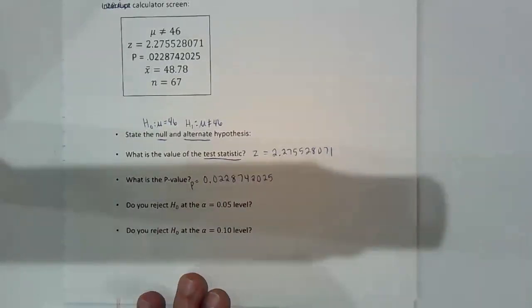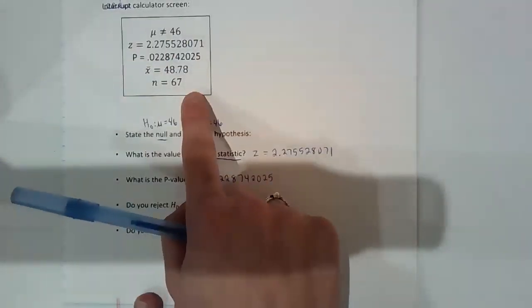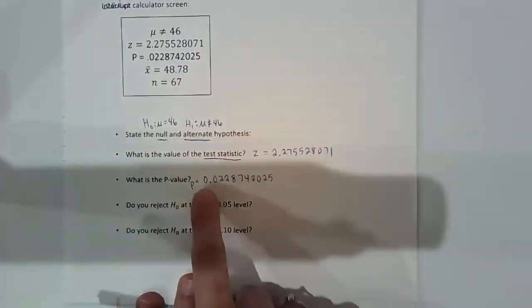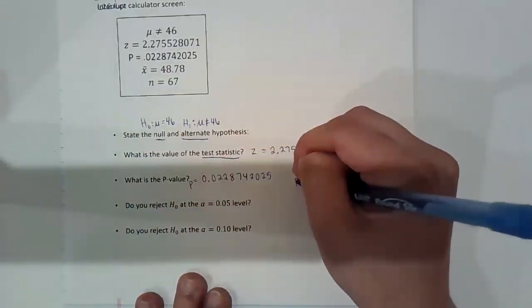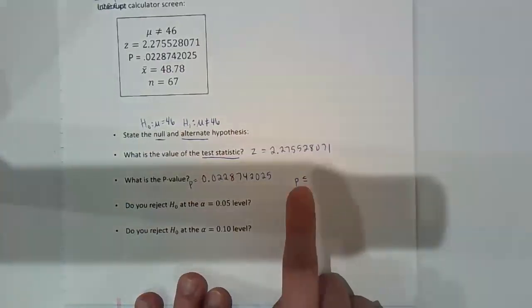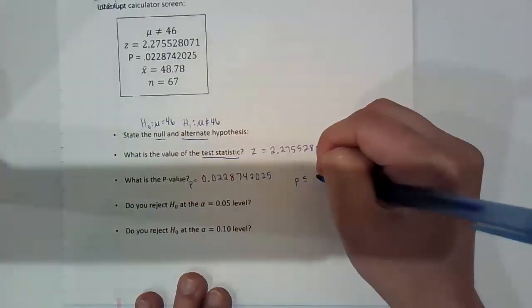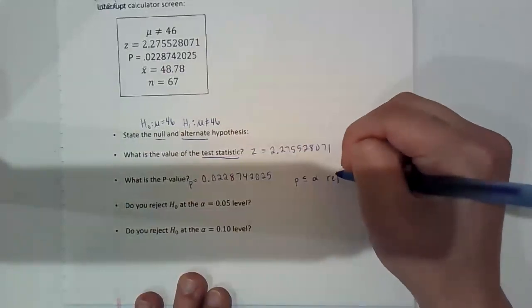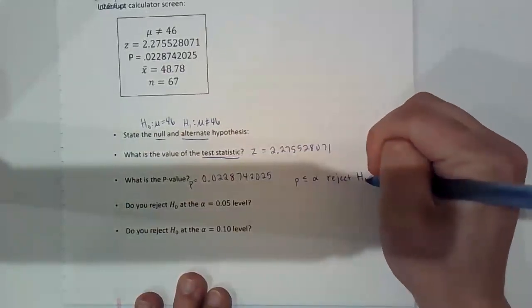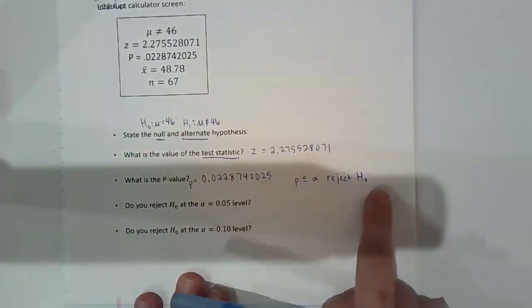I can figure it out from the information given, but it's just easier if we use the p-value that's given. To reject, we need to know if p is less than or equal to alpha. If it's less than alpha, then that's when we reject the null. That's what our note says.